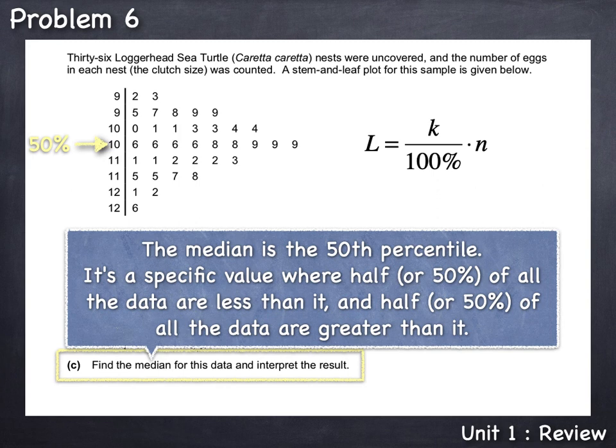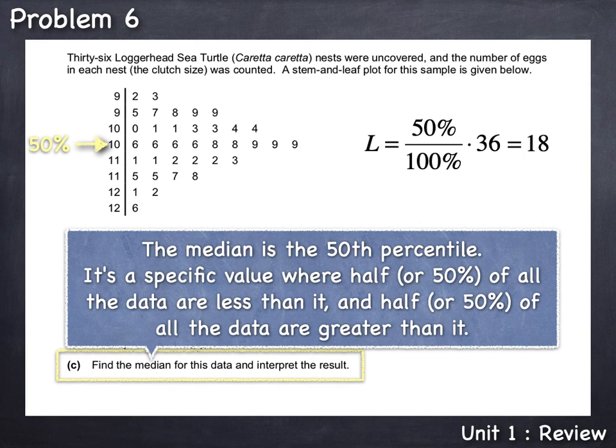For the median, which is the 50th percentile, we use K equals 50%. And for this sample of loggerhead sea turtle nests, N is 36. So plugging those into the formula, we find that L equals 50% divided by 100% times 36 equals 18.